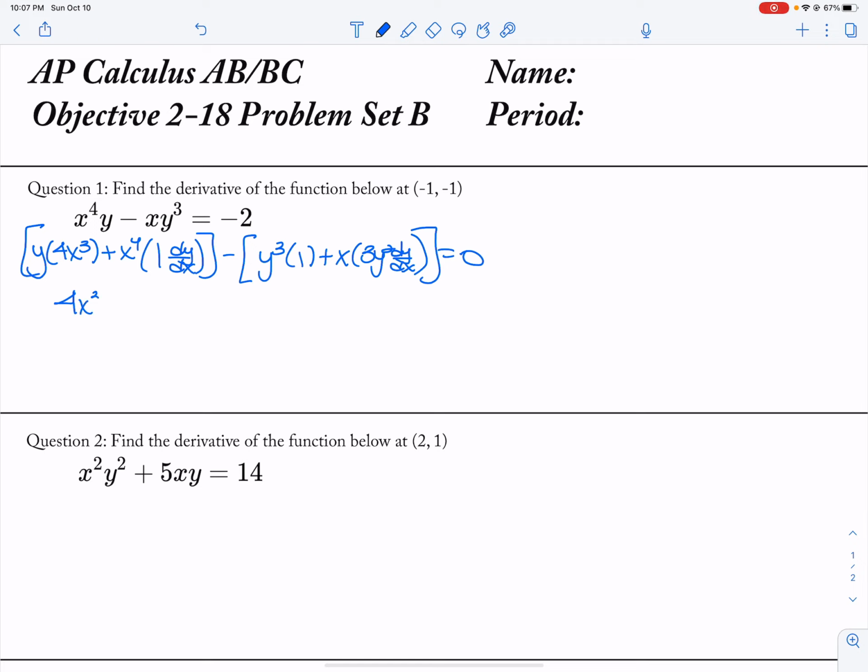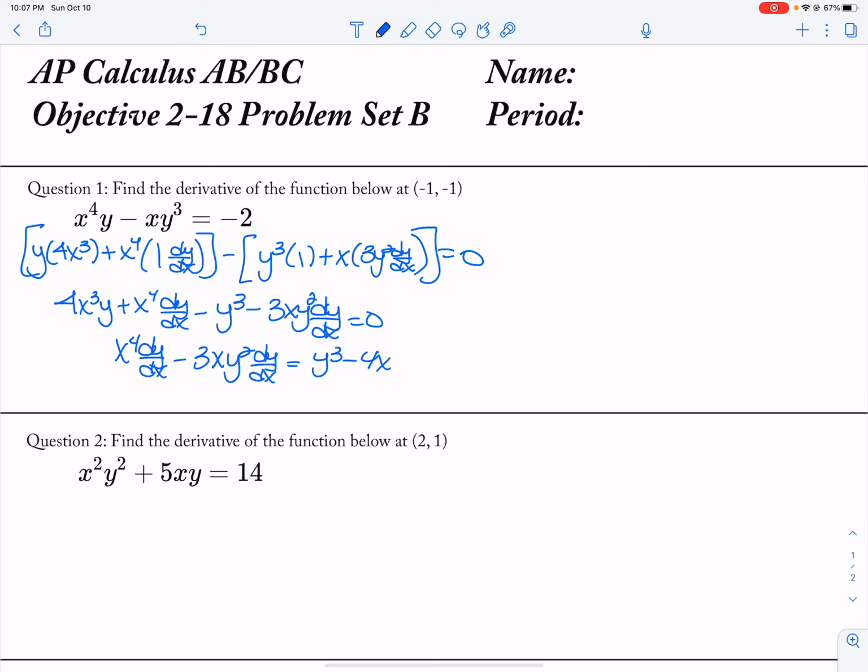So 4x cubed y plus x to the fourth dy/dx minus y cubed minus 3xy squared dy/dx is equal to 0. So x to the fourth dy/dx minus 3xy squared dy/dx is equal to y cubed minus 4x cubed y.